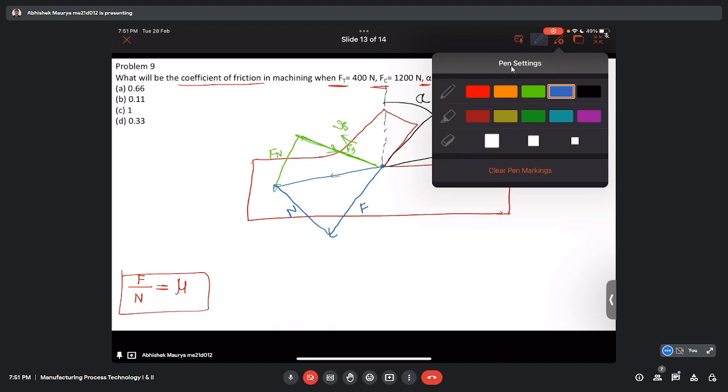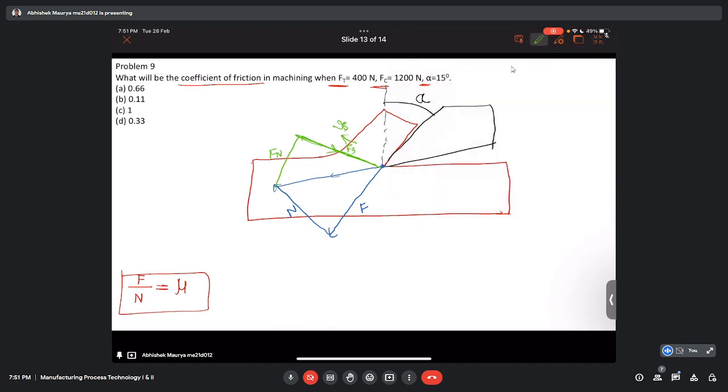Now we have to show what is the cutting force and the tangential force. We know our workpiece is moving with velocity v towards the left, so the cutting force will also act in the same direction, something like this.